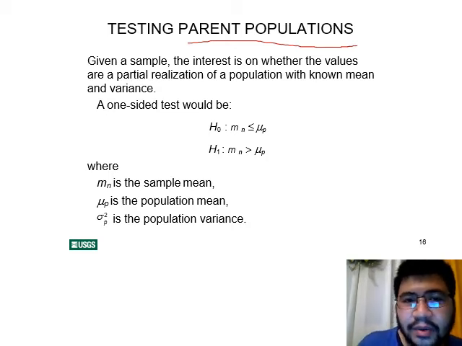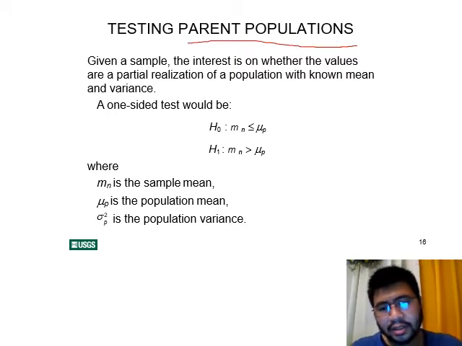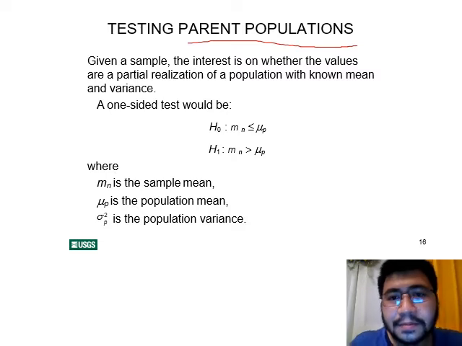So in here, your measurements form the value of the sample mean, while the EPA acceptable standard for lead content is your population mean.